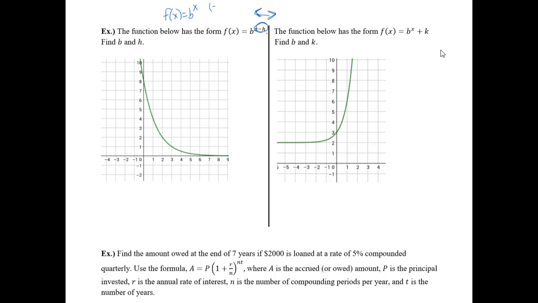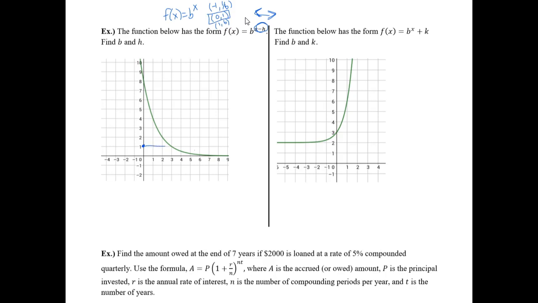We talked about those. -1, 1 over b, 0, 1 is the y-intercept, and 1, b. So it's going to be easy to find this h value to know how far it's shifted left or right using the y-intercept. So this is where the y-intercept should be at 0, 1.